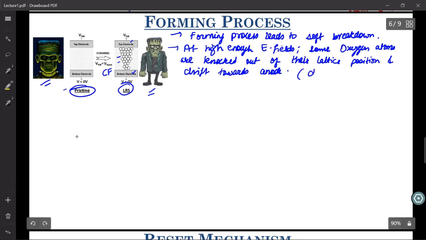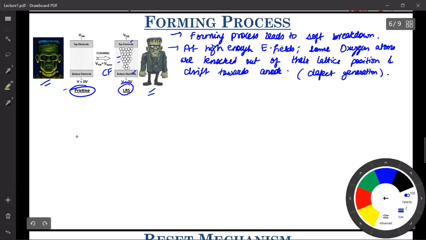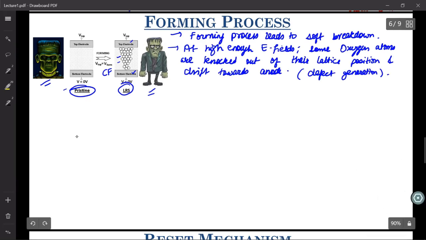So this leads to defect generation, right? Now this deficiency of atoms, not the electrons. So once the oxygen atoms have been knocked out and have moved towards the anode, it leads to a deficiency of atoms, which leads to formation of this conduction filament or conductive filament.